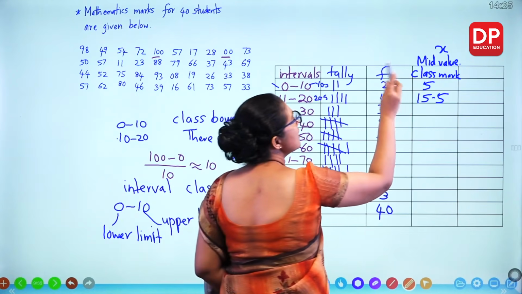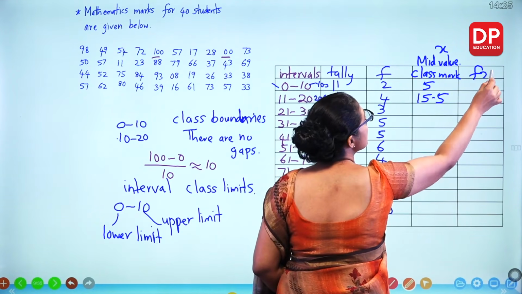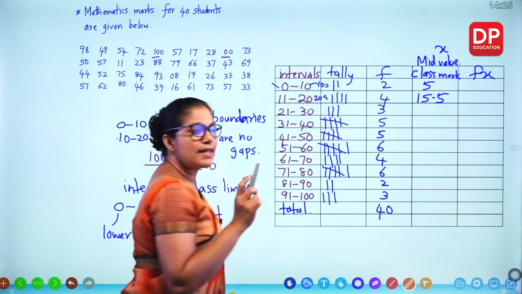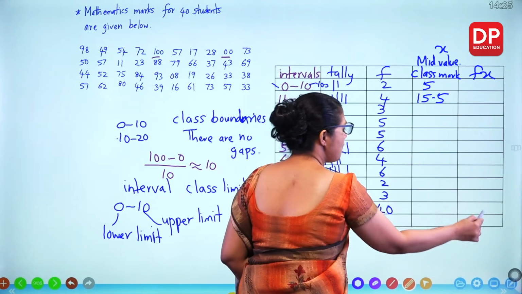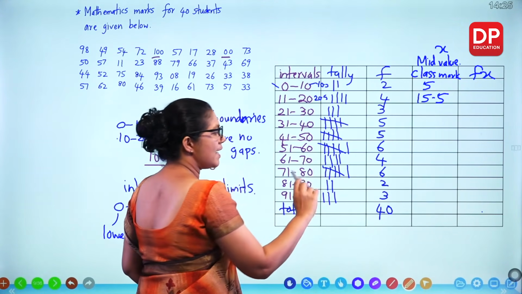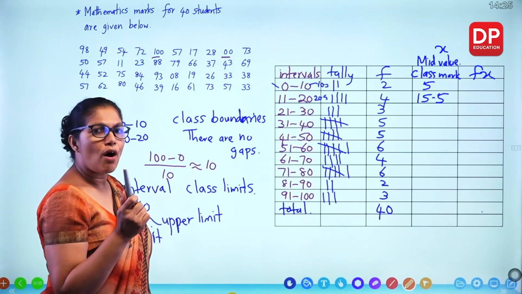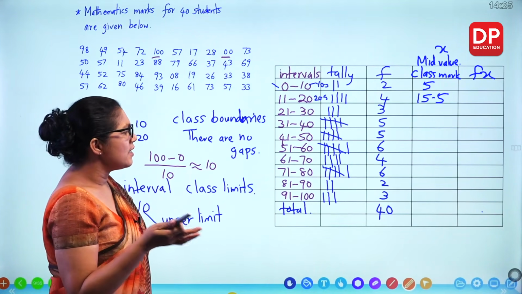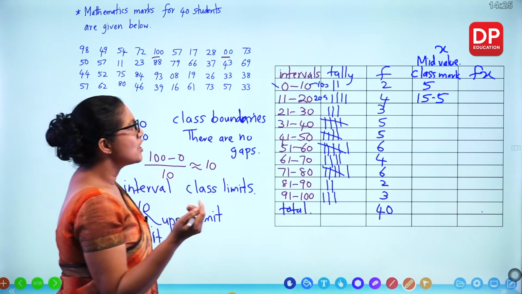You take multiplication and create fx as the total number. Find the total, sigma fx value, sigma f value, and divide, you get the mean value or average number. So using this table, we'll try to find out the average.